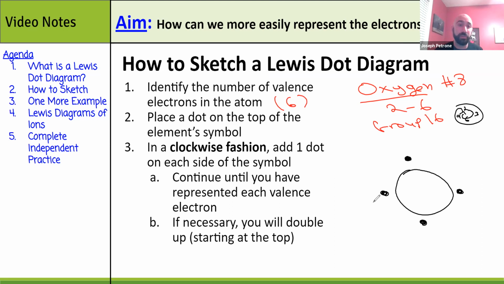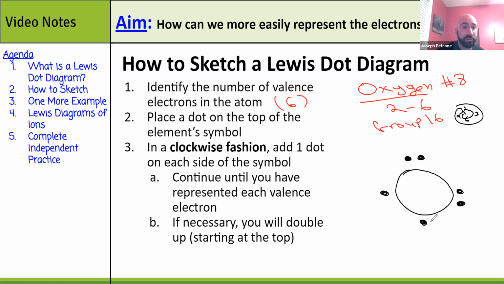Now we're not done. We've only gotten 4 electrons so far. So we're going to start doubling up. Once you hit all 4 sides, then you can start back at the top and add a second one. So 5 and 6. And this is it.